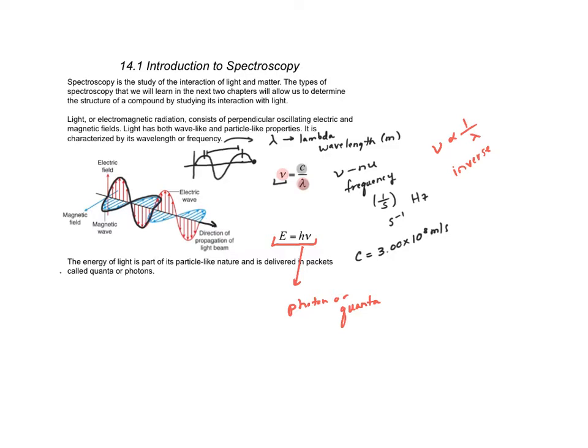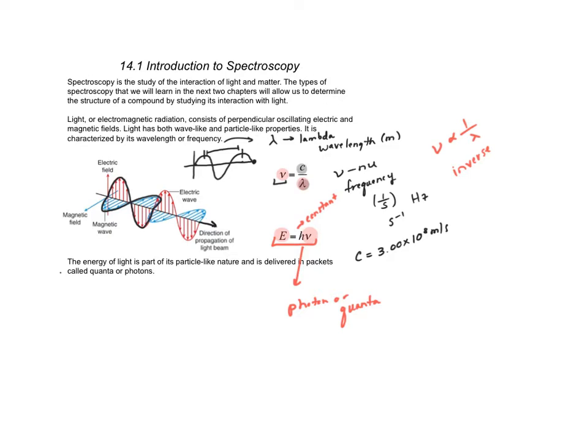Energy has nothing necessarily to do with the dimness or brightness of the light we're shining. It has everything to do with the frequency of light. This was the big contribution that Einstein made: he related energy to frequency. And this little h in the middle is just Planck's constant. It's not important. We're really looking just for the relationship between energy and frequency.